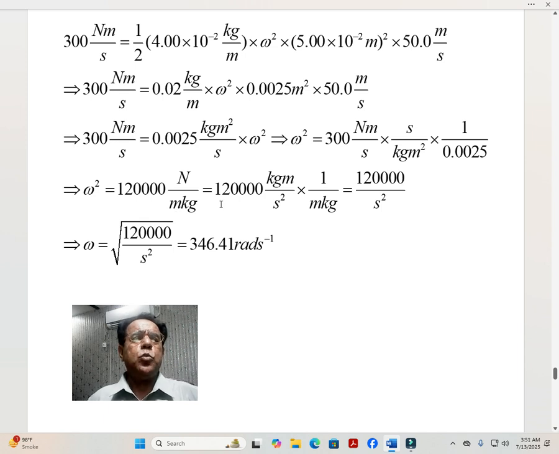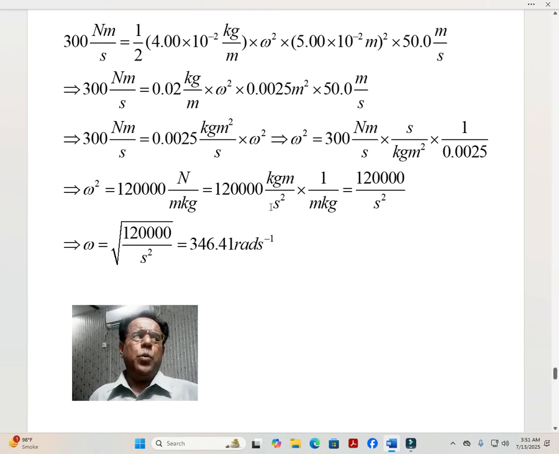This becomes equal to 12 into 10 to the power 4 kilogram meter per second square into 1 over meter kilogram. What we have done, we have replaced Newton by its alternate units. We have shown this table several times in our previous videos, that Newton can be expressed as its alternate units kilogram meter per second square.